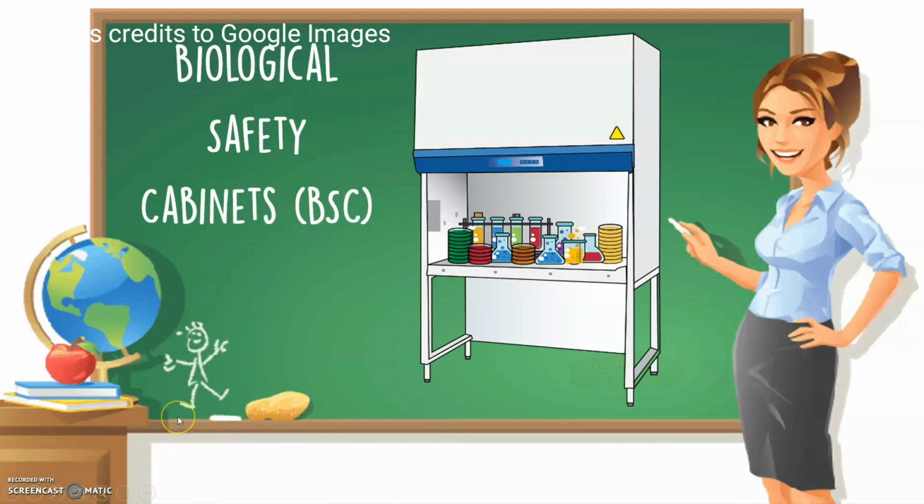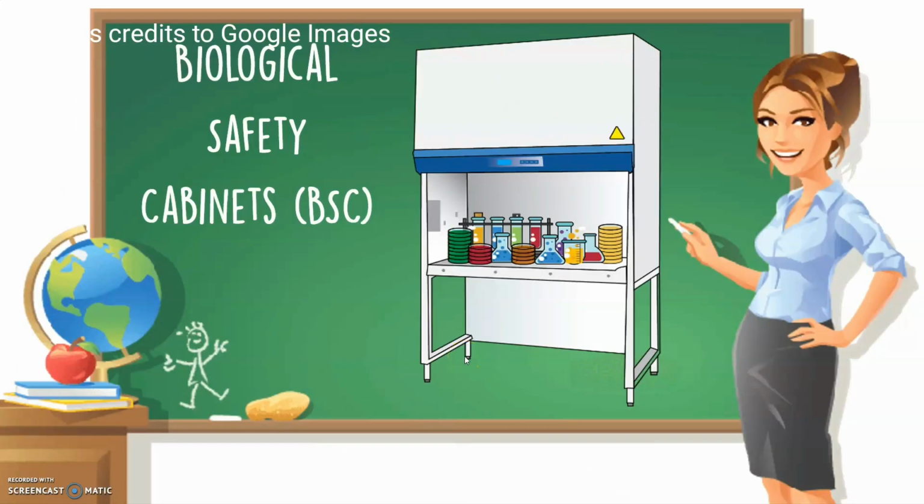Let's start with the Biological Safety Cabinets, or the BSC. As you can recall from your topic in grade 7, it was discussed under BSL4 that there are two types: the first one is the cabinet laboratory, the biological safety cabinet, and the second one is the suit laboratory.